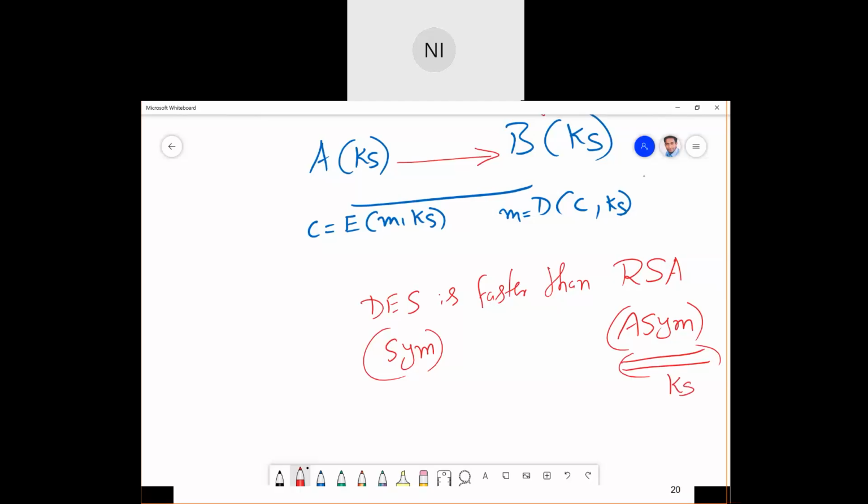After that, we start using the symmetric key because it is quite a bit faster, since it doesn't involve any exponentiation like in RSA. One of the limitations of RSA is the exponentiation, and also the large key size, because it relies on the factorization of large numbers.